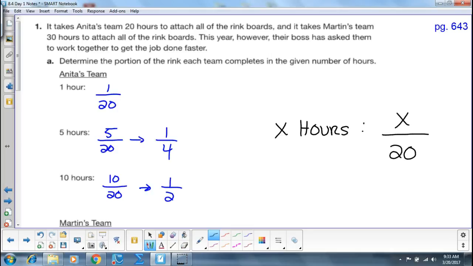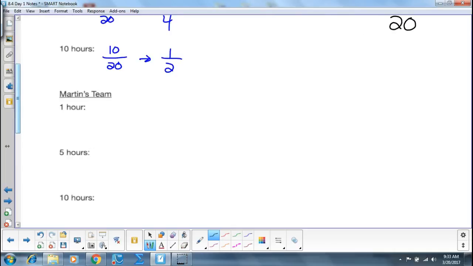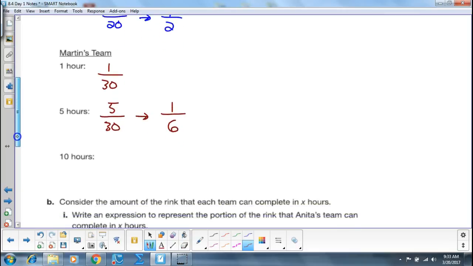Okay. Martin's team. In 1 hour, how much has he gotten done? 1/30. In 5 hours, how much has his team gotten done? 1/6, because it's 5 over 30. In 10 hours, how much has his team gotten done?